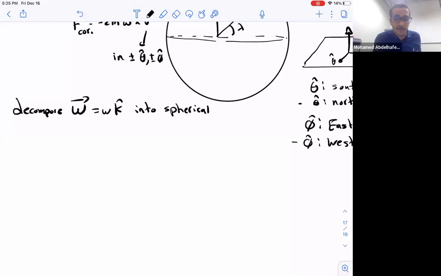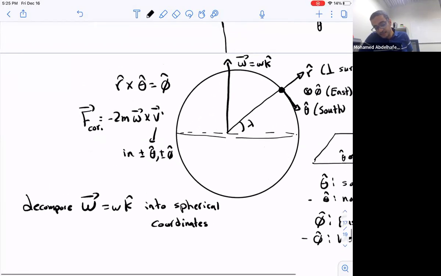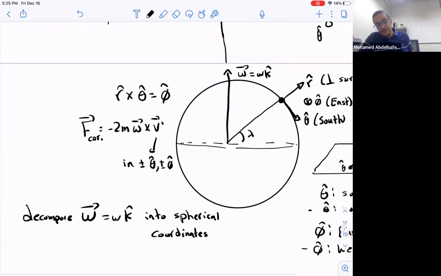That's the Coriolis problem on Earth. So we want to decompose the omega vector and write it in terms of the spherical coordinates, just like V prime, so we can perform the cross completely in spherical coordinates. Any questions?